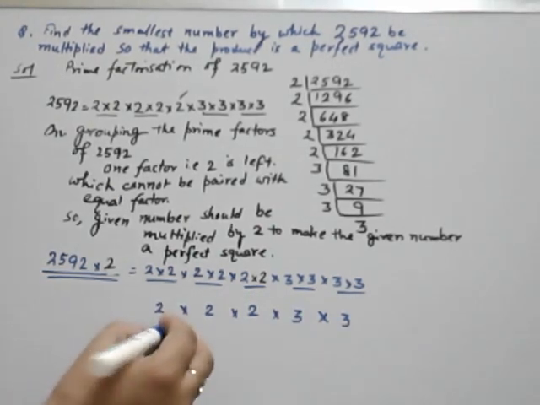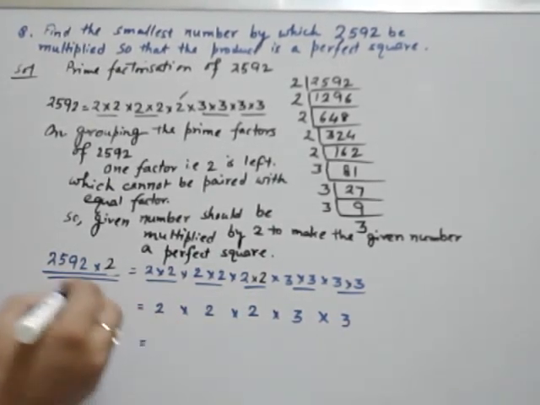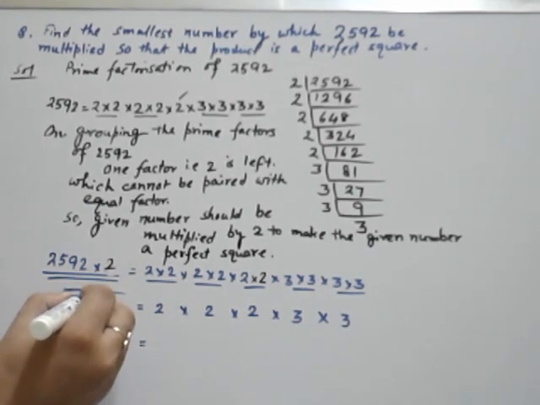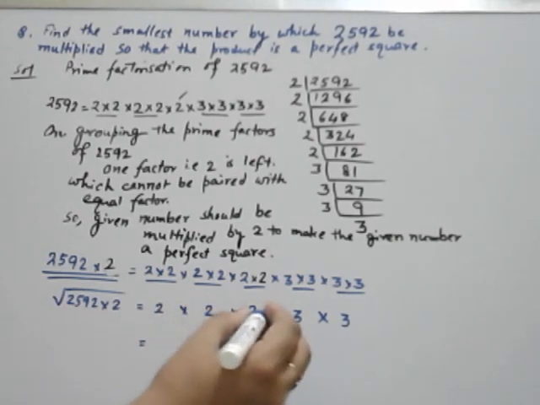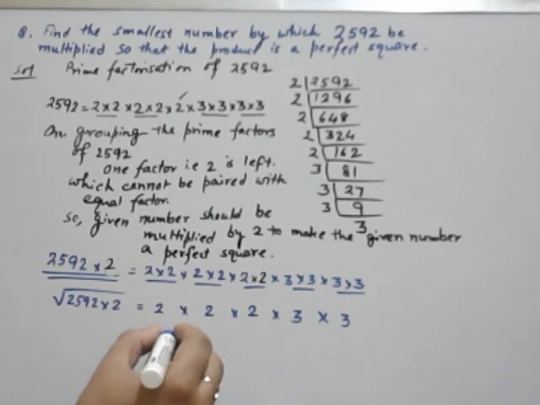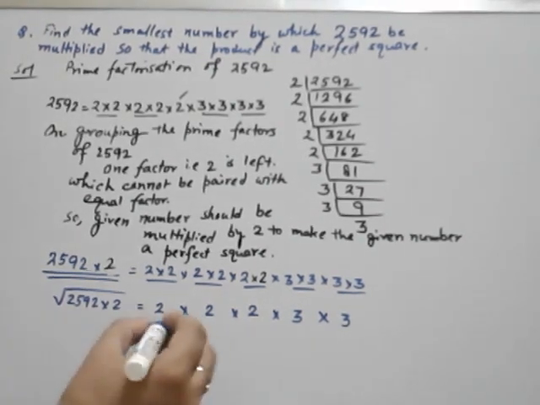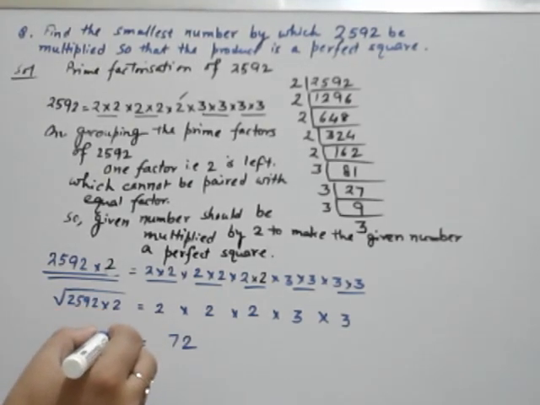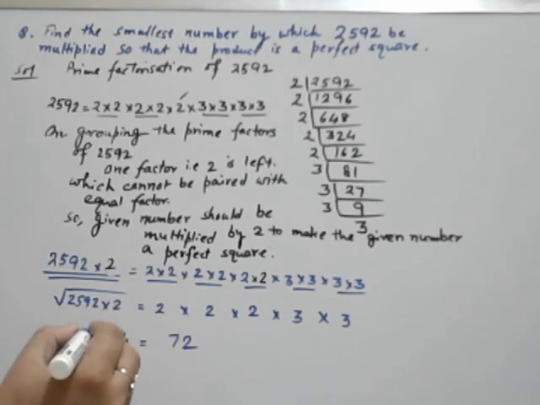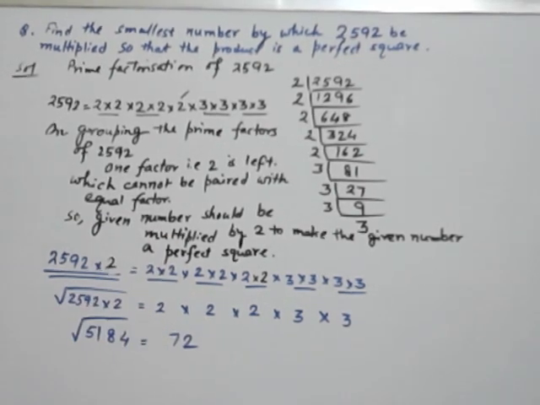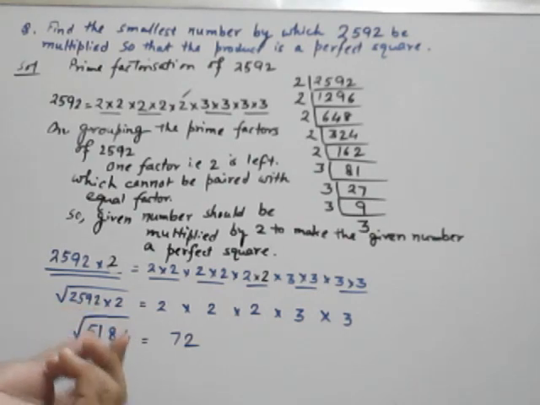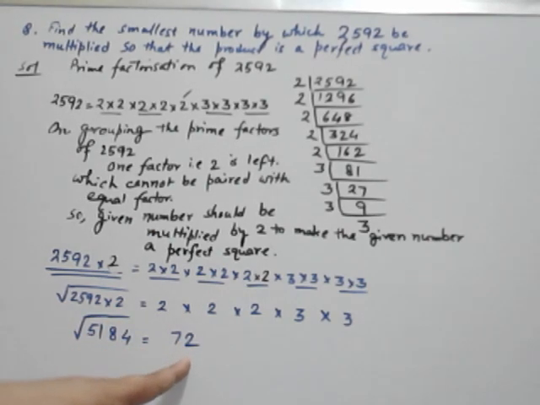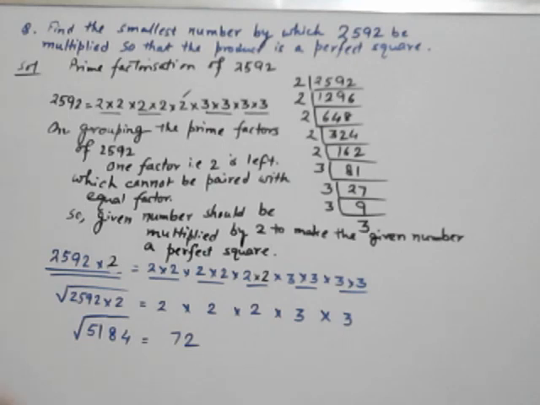If you multiply these, so if you multiply it by 2, the number is 5184, which is the perfect square number, and the square root of 5184 is 72. So square root of the new number is 72.